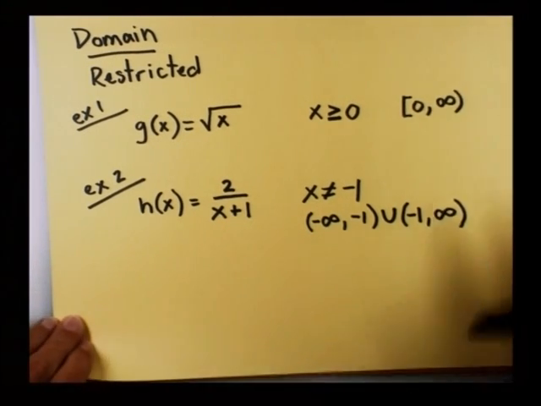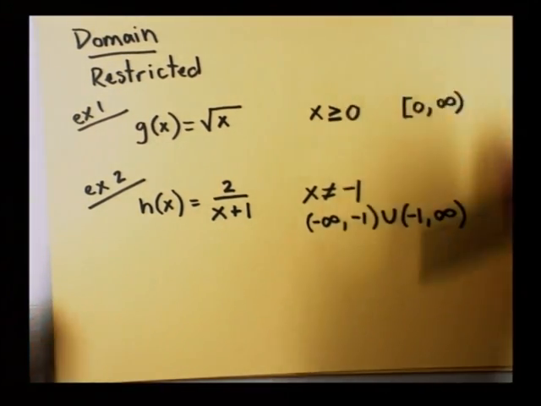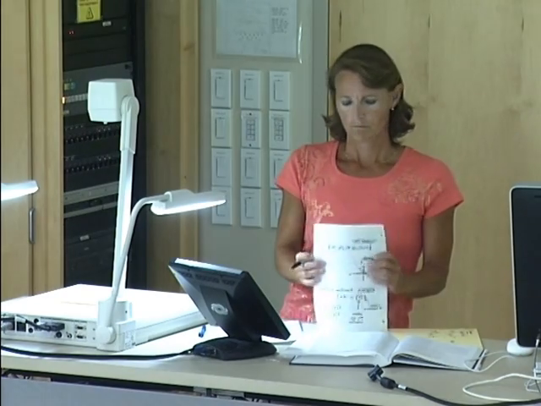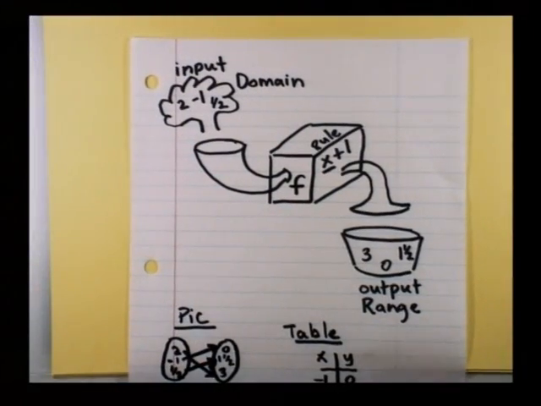All right, the last thing that we're going to look at in this introduction to functions is a little more detail on function notation. So we're going to go back to looking at function notation, and I want to just real quick remind you of our function machine here.